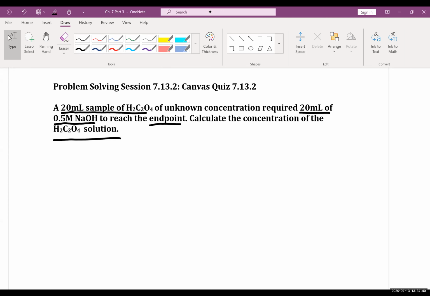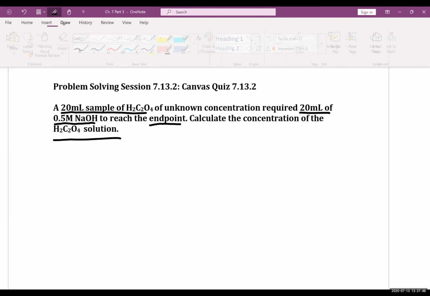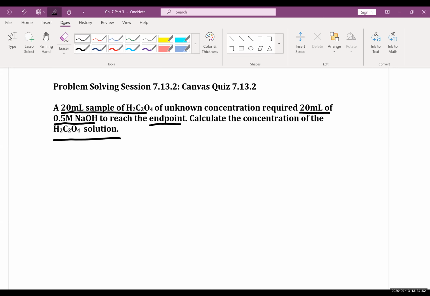Let's try to get a few more responses in the chat before we discuss. We'll discuss this example in another minute and a half.